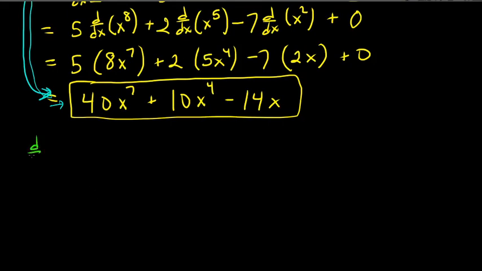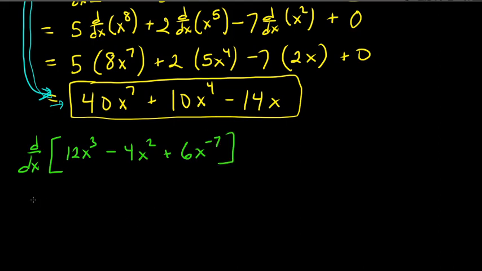Let's just take the derivative of, let's do, I don't know, 12x cubed minus 4x squared plus, let's do 6x to the negative 7. Okay.